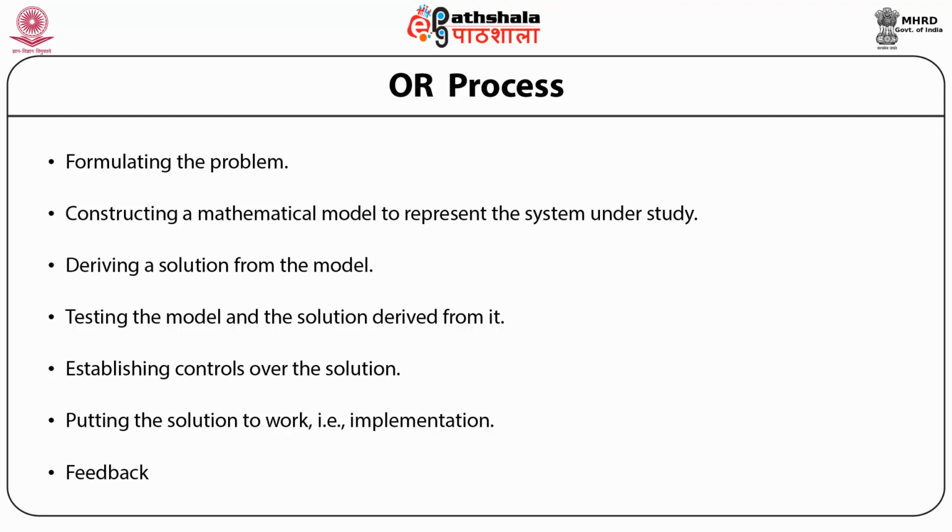Let's know some details of the OR process. Although these steps of OR vary in complexity from problem to problem, in some applications the formulation may be very difficult. In others, however, the model construction may be the most complex step. The phases of the OR are now being described. When we say formulating the problem, it is one of the most difficult steps for library operations.